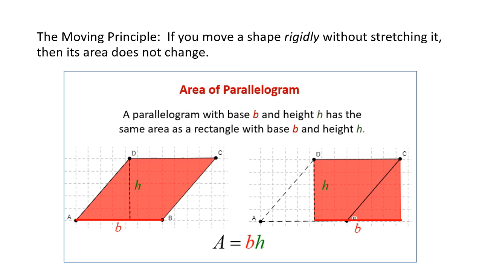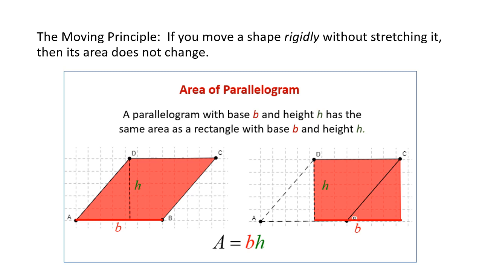So a rigid motion is one where we're not distorting the shape at all. We can flip it, we can rotate it, we can move it around however we need to, but we can't make it bigger, we can't make it smaller, we can't change any of the characteristics of it.